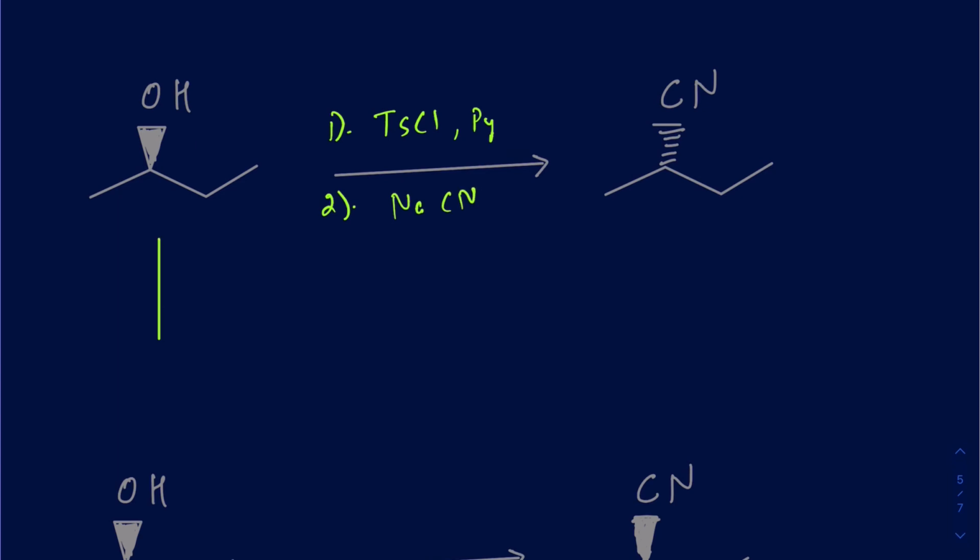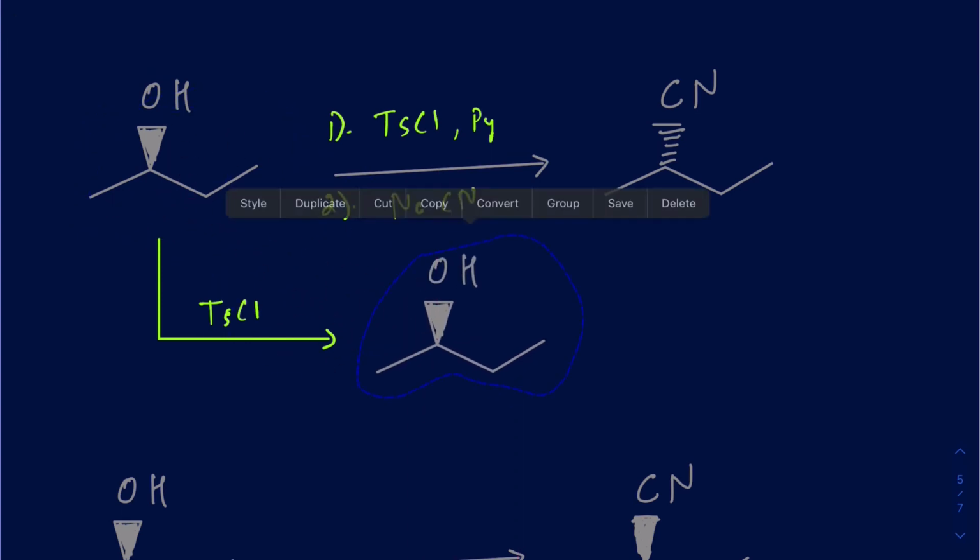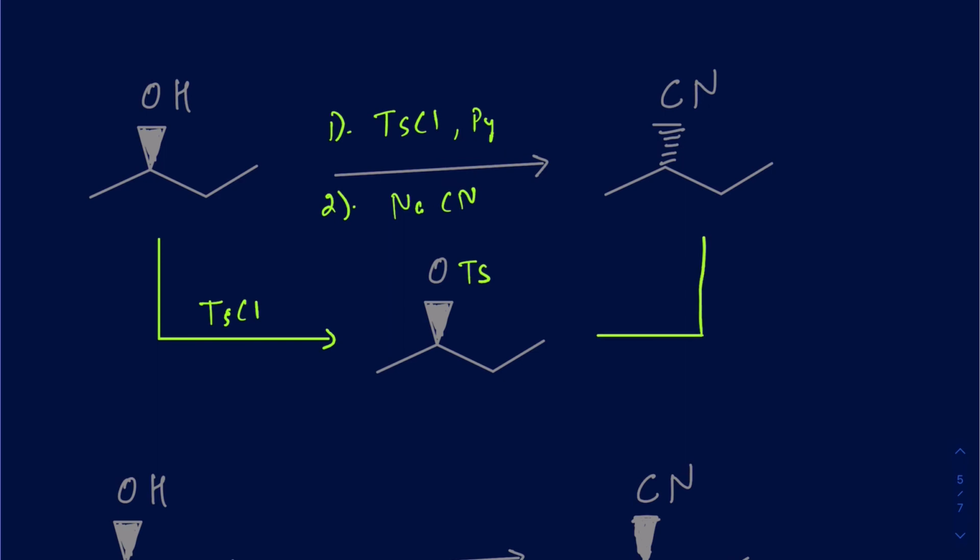Because if you recall, in the first step, when you use TsCl, I'm going to be making OH a good leaving group, retaining the stereochemistry like this. And then in the next step, we can use this NaCN where the nitrile is going to be doing a backside attack. And when it does the backside attack, it's going to be inverting the stereochemistry there. So it's more like an SN2 mechanism at that point. So this is how you can accomplish that.